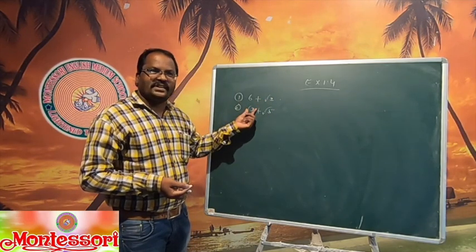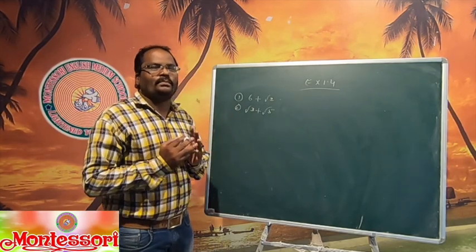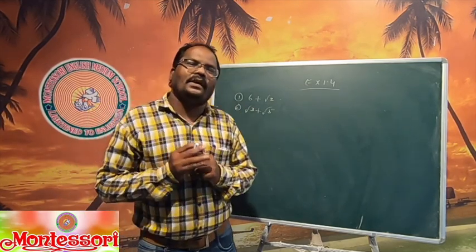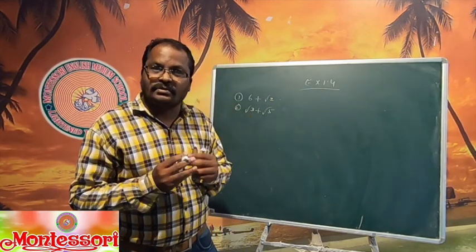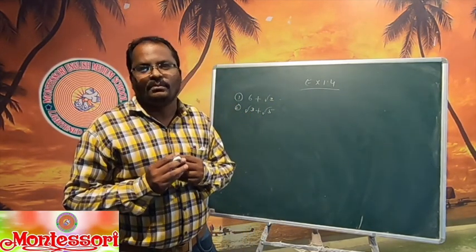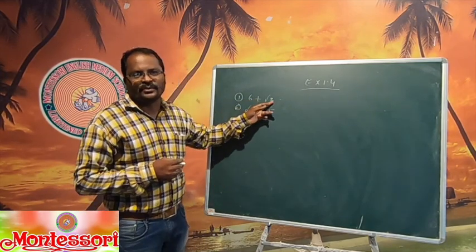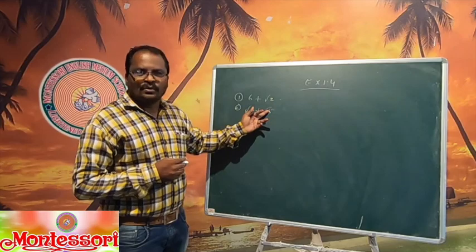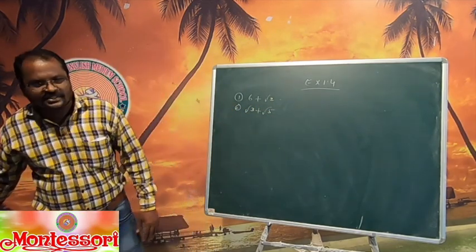But in the second question, both have the inside of the root. So whenever you see the question paper, first of all you have to observe whether both integers have inside of the root, or only one numerical has inside of the root. Now I do this question, 6 plus root 2. Then after I will do root 3 plus root 5. Okay? Now come to the question, 6 plus root 2.